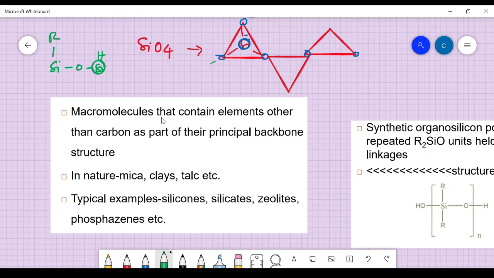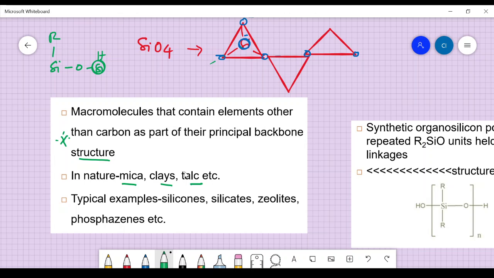These are the macromolecules that contain elements other than carbon as part of the principal backbone structure. This is an important point you need to remember. You can find them in mica, clays, and talc, etc. I think you know about mica that we use in carpentry work, and clays, etc.